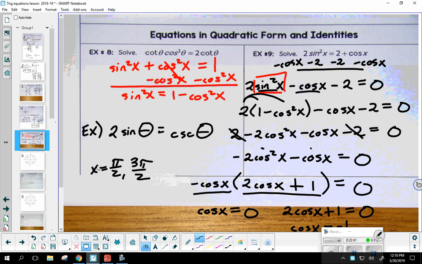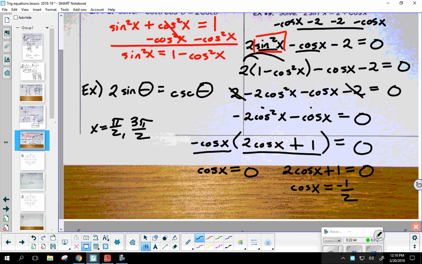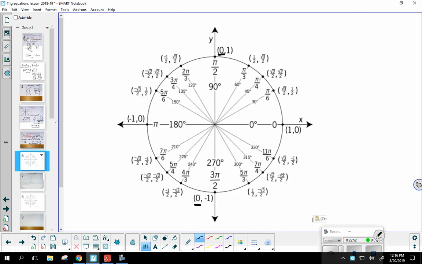All right, now let's solve the other one, but this time I'm looking for where cosine of x equals negative 1/2. So I'm going to come on over here. Where do I have a negative 1/2 for x? I heard 4 pi over 3. There's a negative 1/2 x. And then 2 pi over 3. Now hold on a second. Here's another negative 1/2 right there.